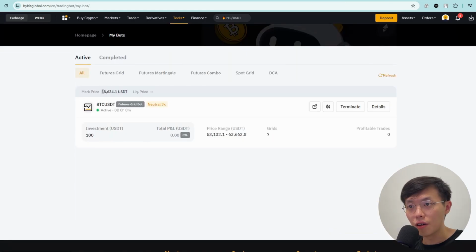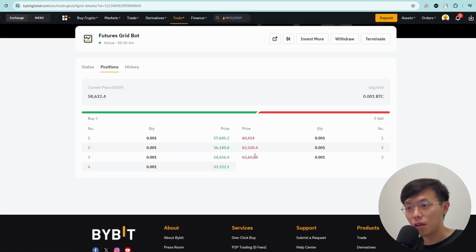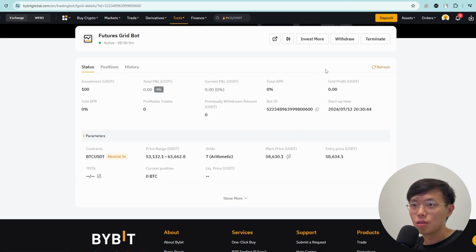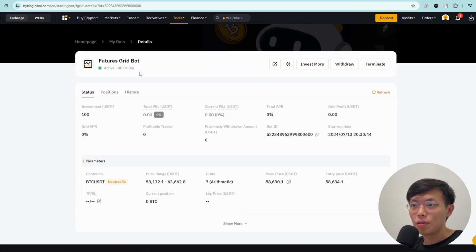So I already opened one, the futures grid bot. If you press details, we can see the details and positions. This is the position, and here are the buy and sell values. It will buy and sell at these prices. All right, so yeah, this is my futures grid.